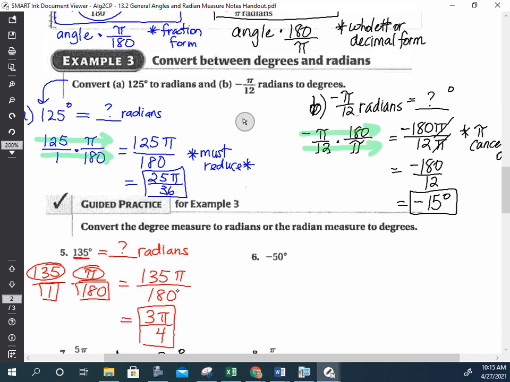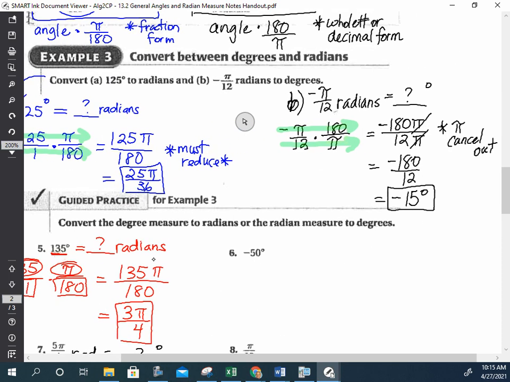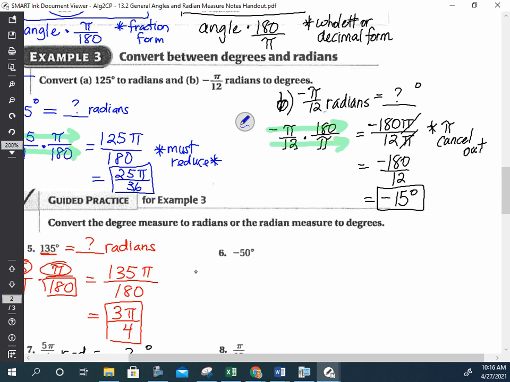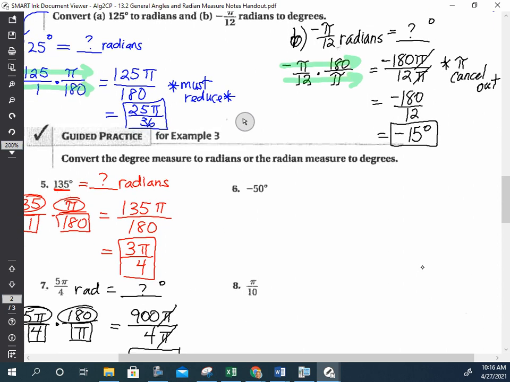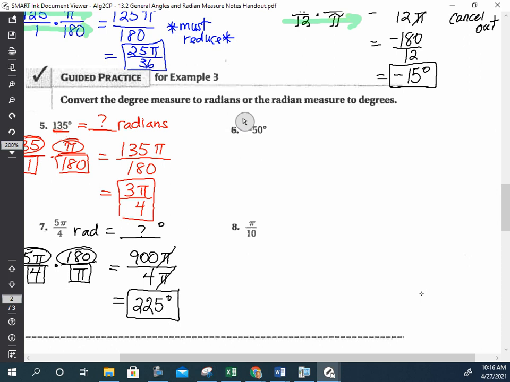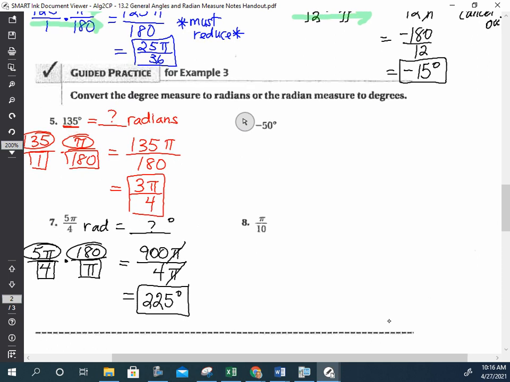So this falls in line with IXL X1. Question 8 is pi over 10, so that's in radians. Anytime the pi symbol is already in the problem, that's radians.